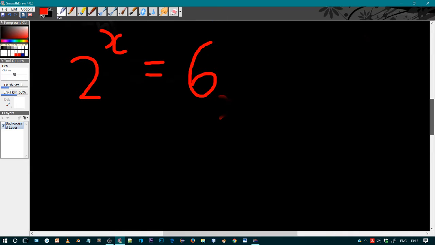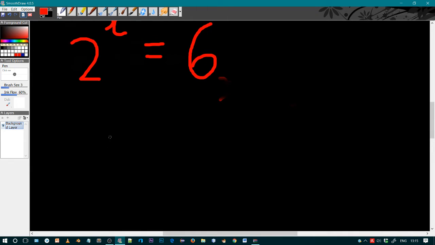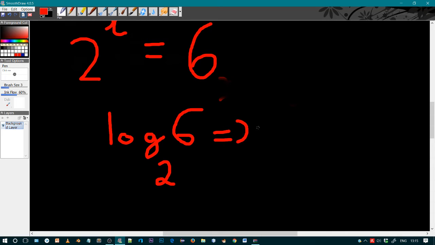To find the exact value of x, we use logarithms. It is denoted by a log symbol. It has a base, just like an exponent has a base. Its base would be 2. Here we will write the answer, 6, which is equal to the value of the exponent.